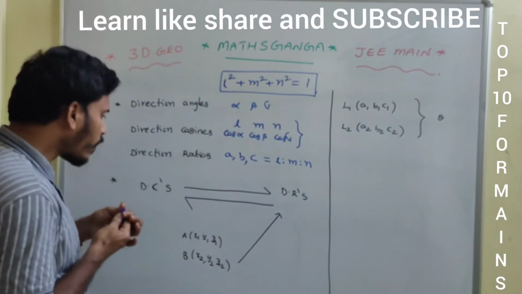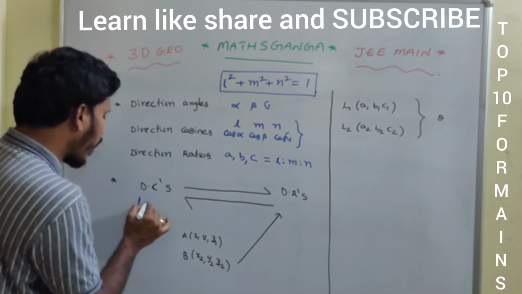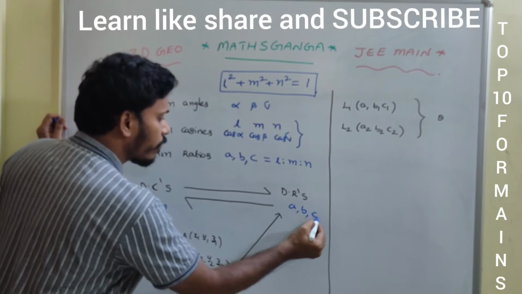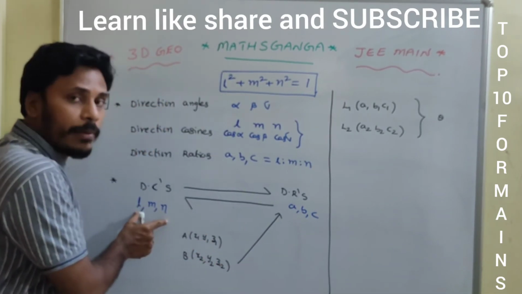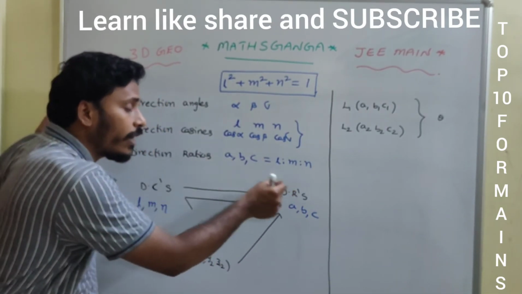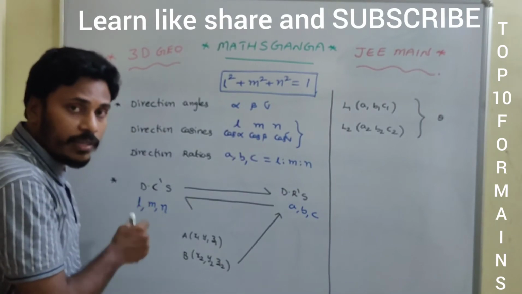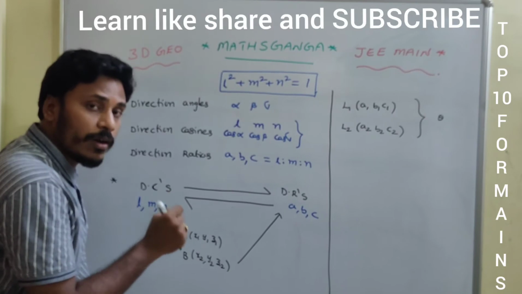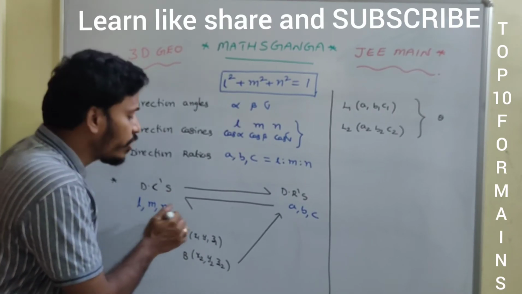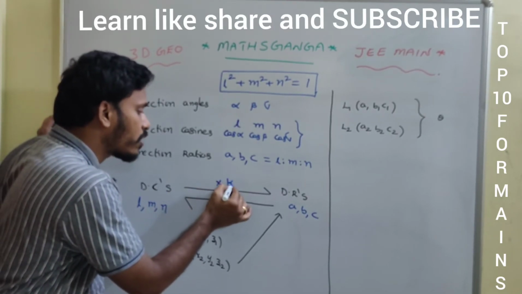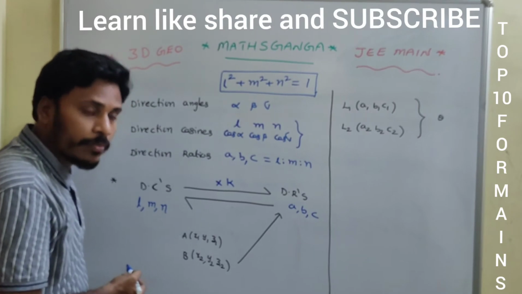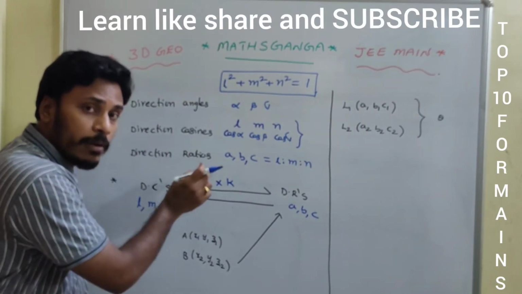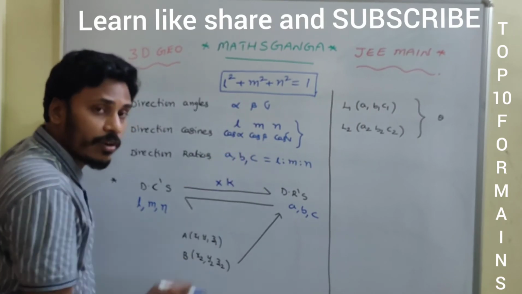And now, suppose I have DCs of a line, L, M, N, and I need to write DRs of that line. For that, you just multiply these DCs with any constant k as you wish. The constant may be a fraction also.